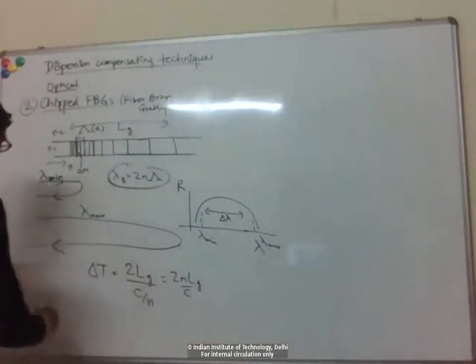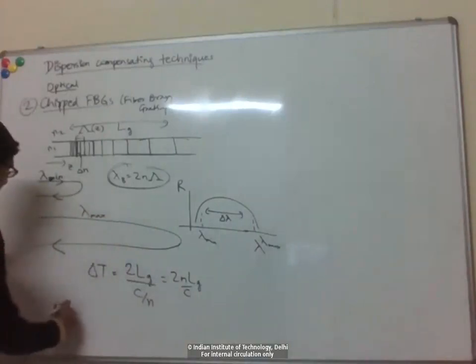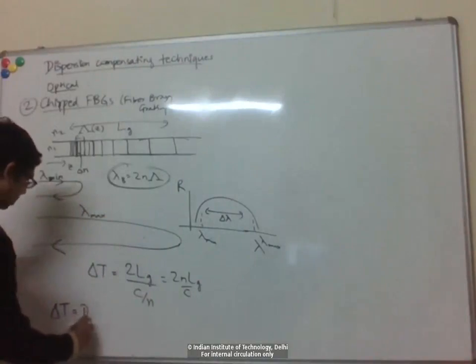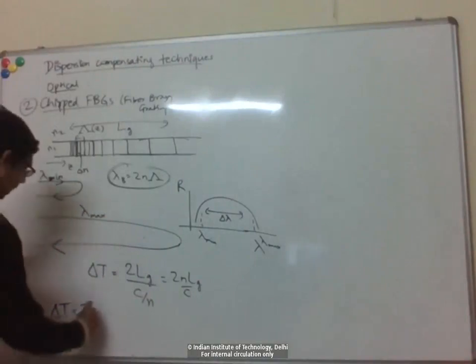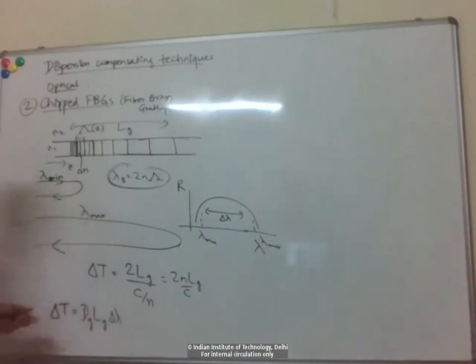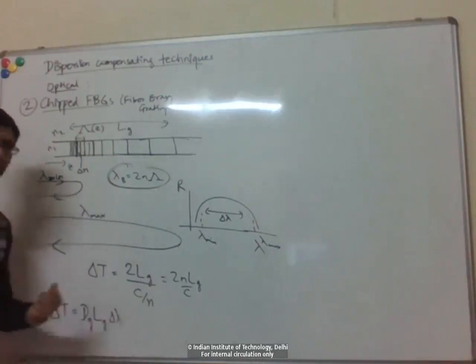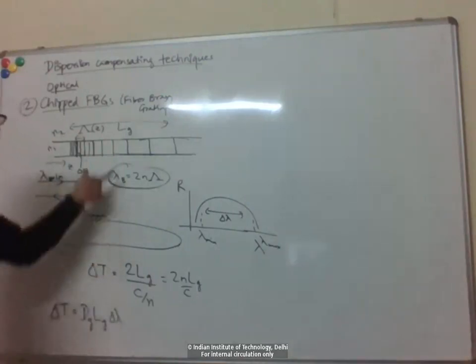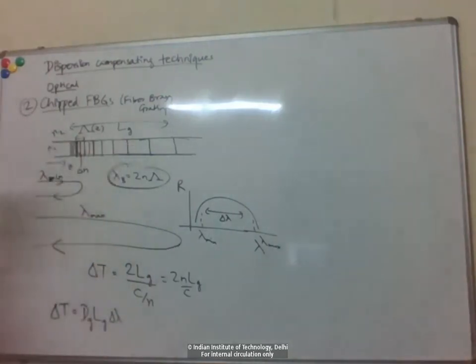So if this is the time delay, again by making an analogy to the dispersion, I can write this time delay as basically a dispersion coefficient for the grating times length times the bandwidth, right? So this is basically what we had for the broadening in time. Right, so basically the dispersion coefficient was the broadening time per unit length per unit bandwidth. So we can write this for the grating also here.